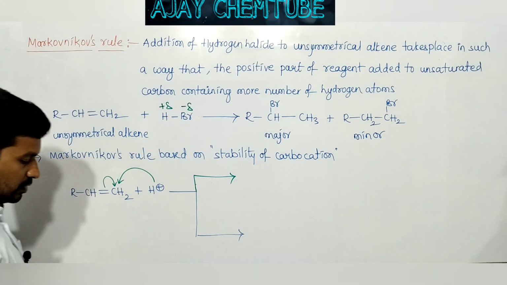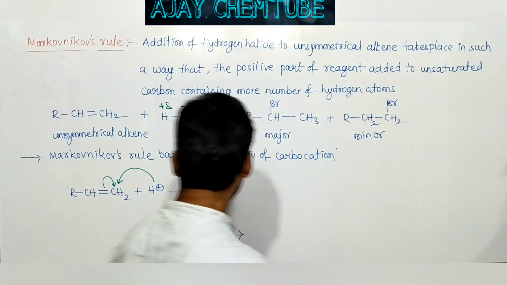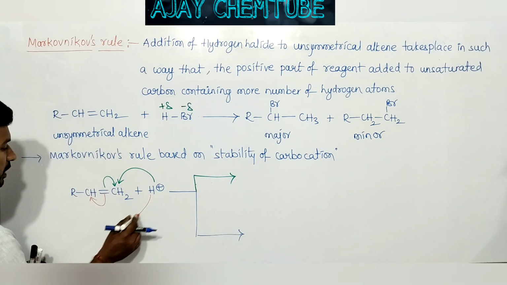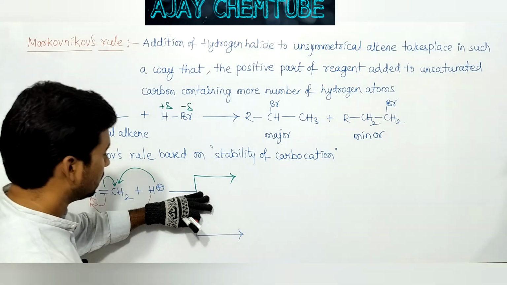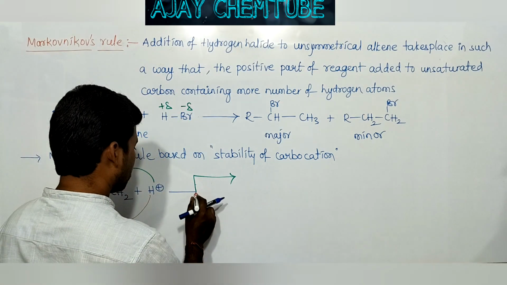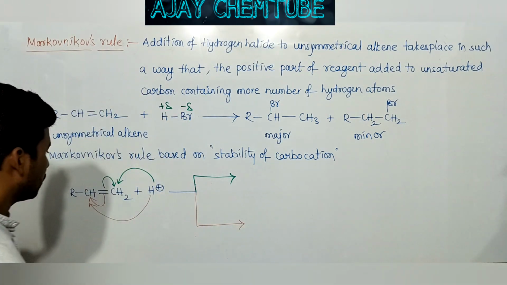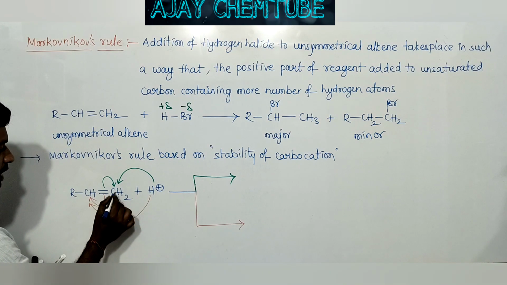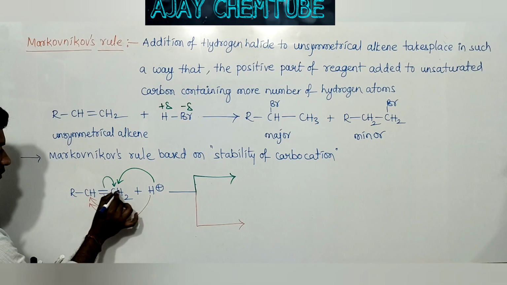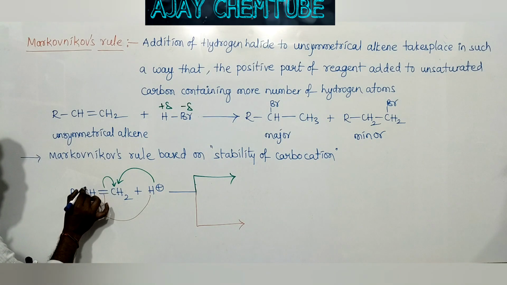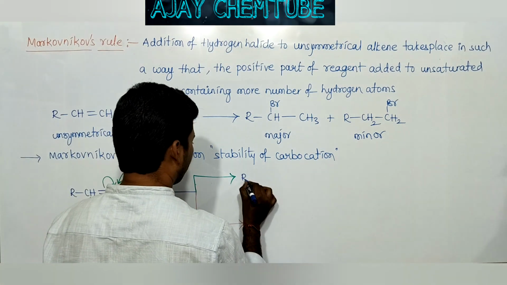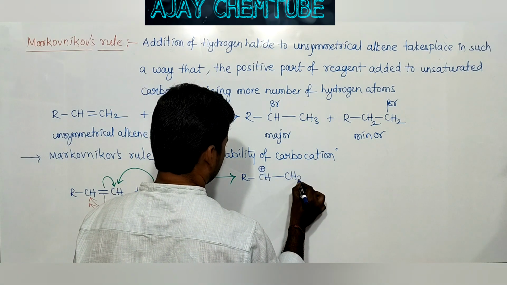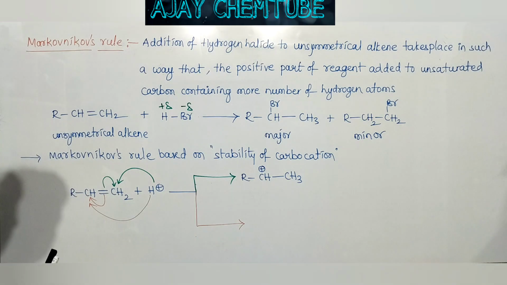What is the second possibility? The second possibility is this may be shifted here and hydrogen added here. Second possibility is like this. So due to the first possibility, what happened? This pi bond shifts towards this carbon and hydrogen is added here. Then this pi bond shifts towards this carbon, meaning this carbon lost the pi bond, so this becomes positive. Or CH, here what we get? Positive charge, and here CH3. Okay, that is the possibility.